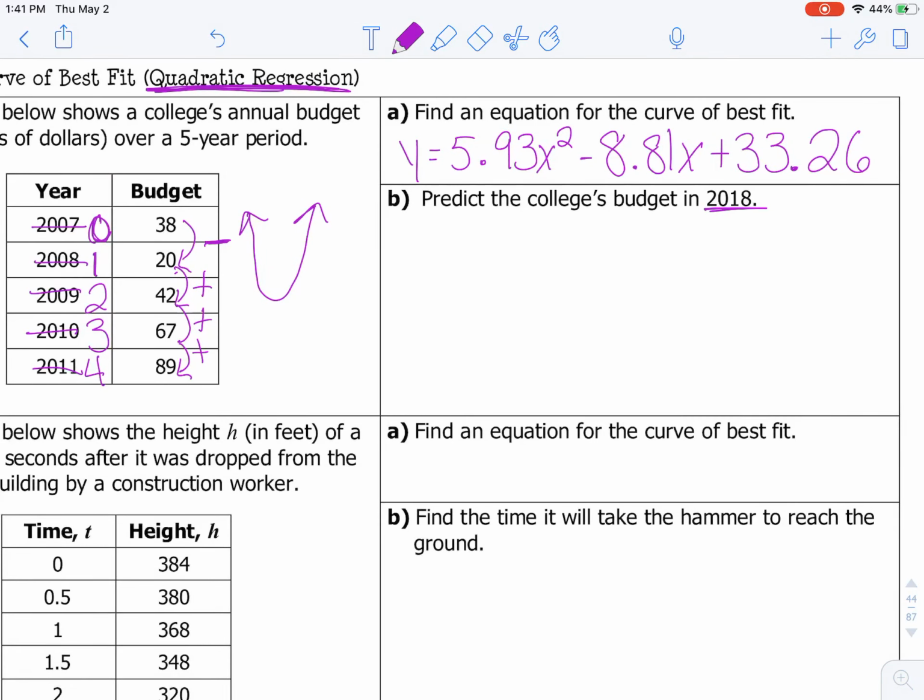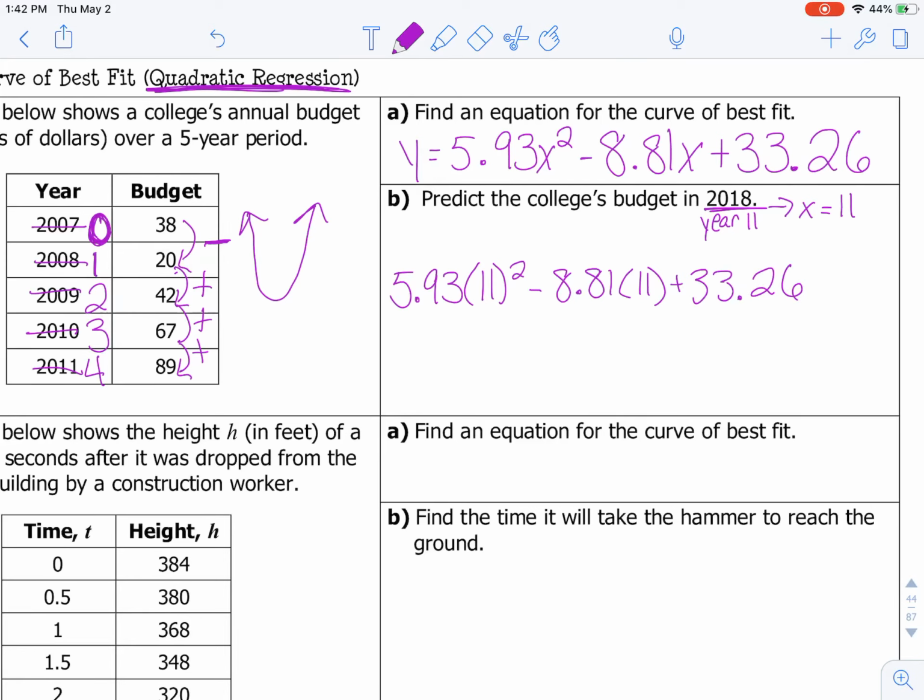Well, if year 0 is 2007, this would be year 11, or when x is equal to 11. So 5.93 times 11 squared minus 8.81 times 11 plus 33.26.